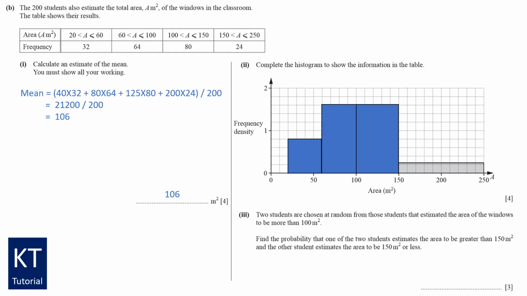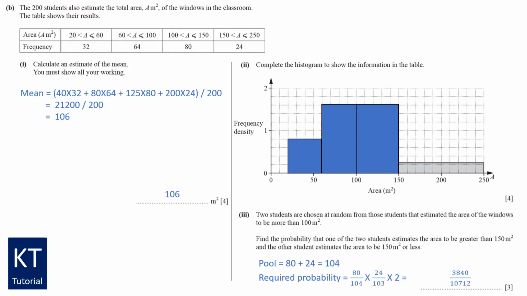Next, 2 students are chosen at random from those students that estimated the area of the windows to be more than 100 meters squared. Find the probability that one of the 2 students estimates the area to be greater than 150 meters squared and the other student estimates the area to be 150 meters squared or less.